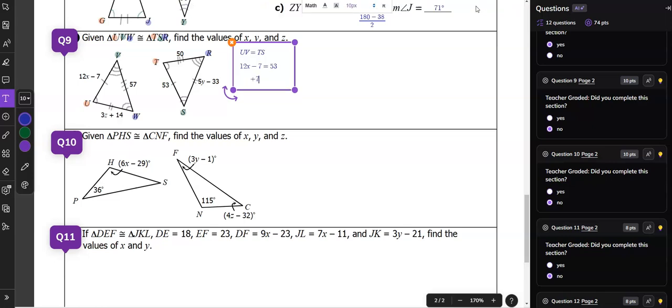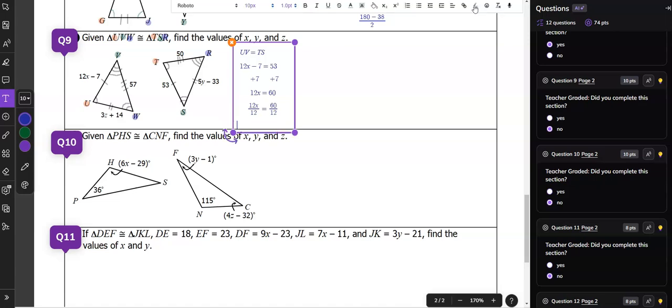I'm going to add 7 to both sides. And that's going to give me that 12x is equal to 60. Divide both sides by 12. And that's going to give me a final answer here of x equals 5.